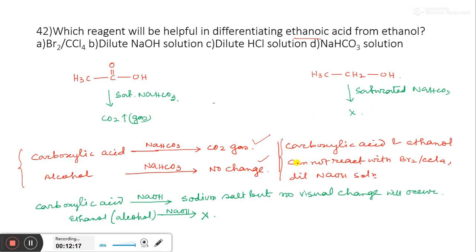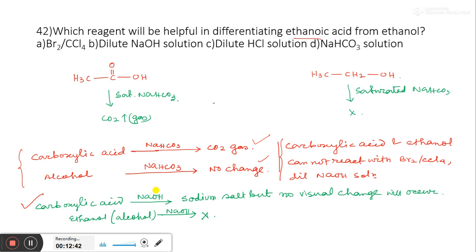Again, we know carboxylic acid and ethanol cannot react with bromine in CCl4 and dilute NaOH solution. But carboxylic acid reacts with NaOH solution to form the sodium salt of the carboxylic acid, but there is no remarkable change or visual change. So by NaOH we cannot differentiate between carboxylic acid and ethanol.